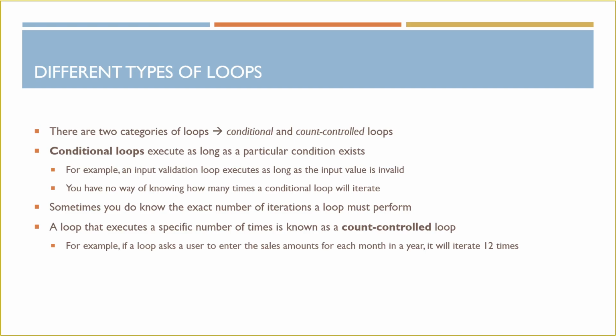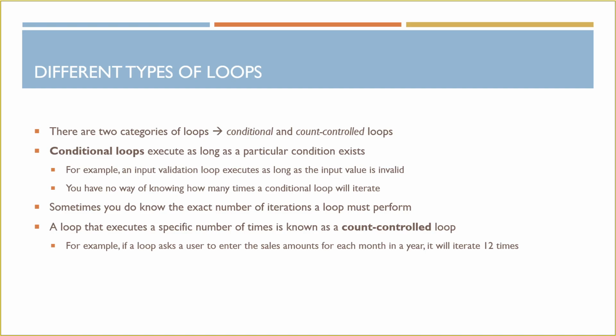With conditional loops, though, we don't have any way of knowing how many times these loops will iterate, right? A user could get the input right on the first attempt. It may take them 70 attempts. We don't really have a way of knowing that as the programmer. Sometimes, though, we do know the exact number of times we want our loops to iterate.